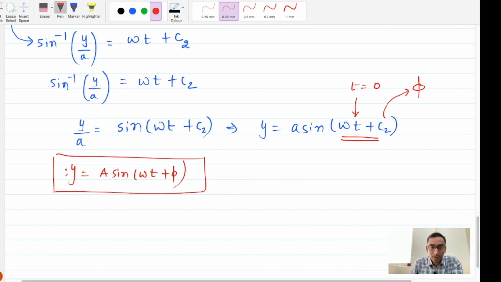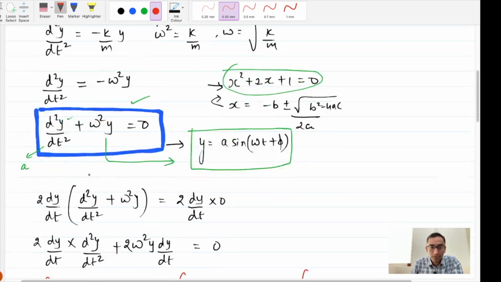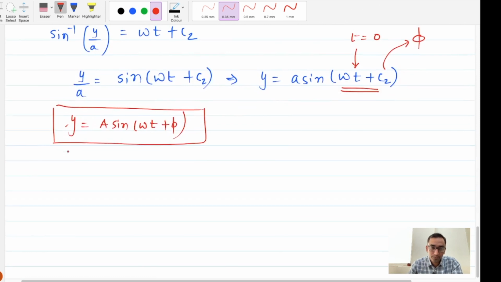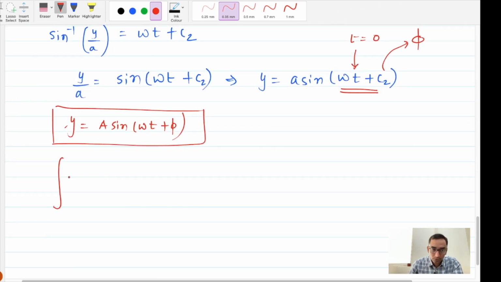Let me show you. Our differential equation was this one. So now we are going to go forward with this part, how this came about. So, integration of this is 2 d2y by dt2 times dy. We are going to prove that this is equal to (dy/dt) whole square.